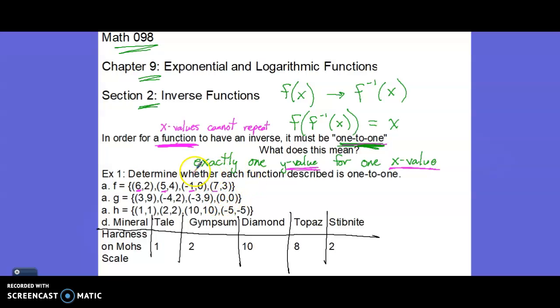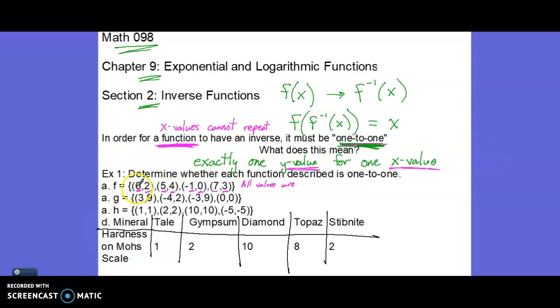But what we also want to determine is if the y values repeat. Well, 2, 4, 0, and 3, they're all different. So all values are different. There's no repeat. All x values are different and all y values are different.